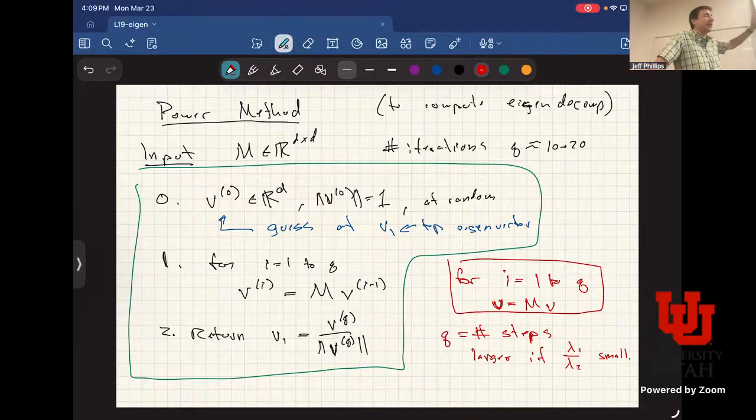But if I get A, I can create A transpose A and get M. So I can replace M by A transpose A, multiplying by A and then by A transpose, and the algorithm will work.